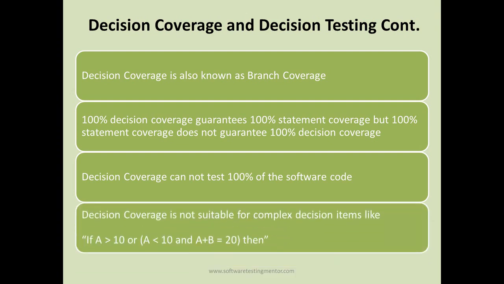Decision coverage is not suitable for complex decision items. For example, the statement: if a is greater than b, or a is less than 10 and a plus b is equal to 20, is a complex decision item. Decision testing is not suitable for these kinds of statements.